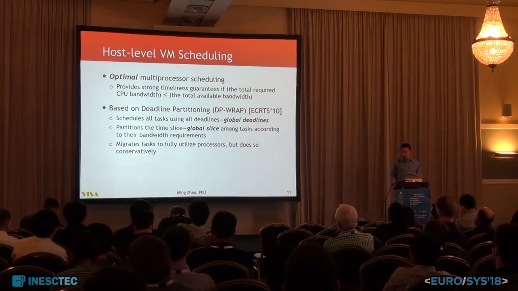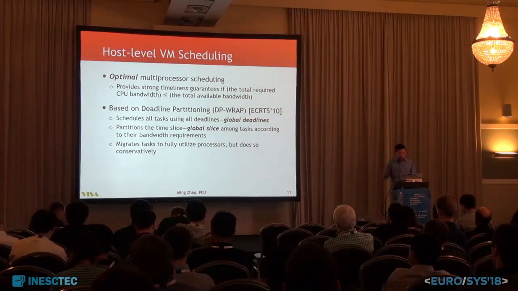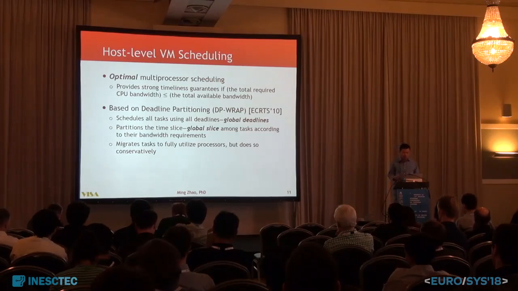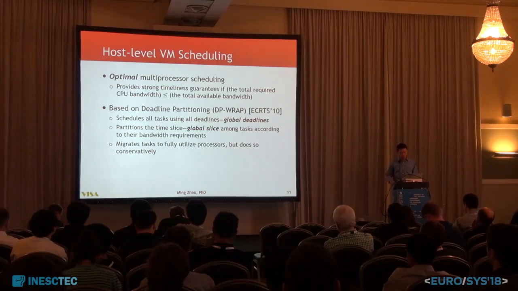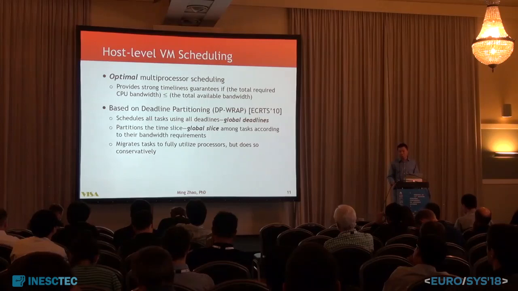At the host level, the scheduler is a lot more complicated than the guest level. We want our scheduler to be optimal, to be able to do optimal multiprocessor scheduling. What that means is that if the total amount of available bandwidth is greater than or equal to the total amount of required bandwidth from all the applications, then we must be able to schedule all the applications.